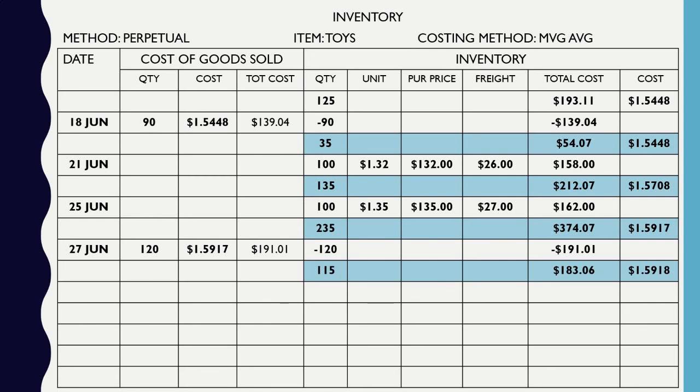So if I sell 1,000 toys, that's one whole dollar that I could potentially gain or lose. In this case, I had it at 159.17. Now it's 159.18, excuse me. So there you go, that's that right there.